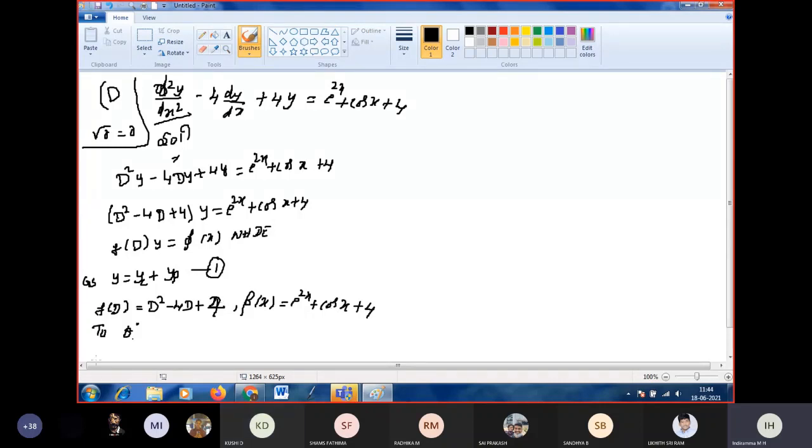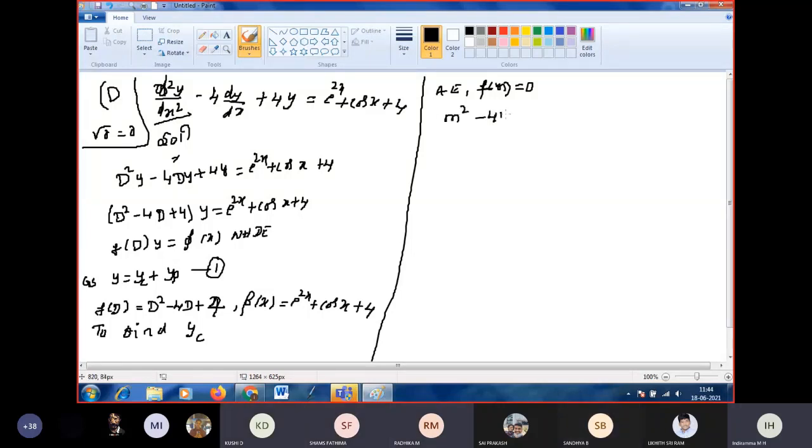Next, to find yc, what should we consider? Auxiliary equation. Auxiliary equation is f of m equal to 0. What is f of m? M square minus 4m plus 4 is equal to 0.